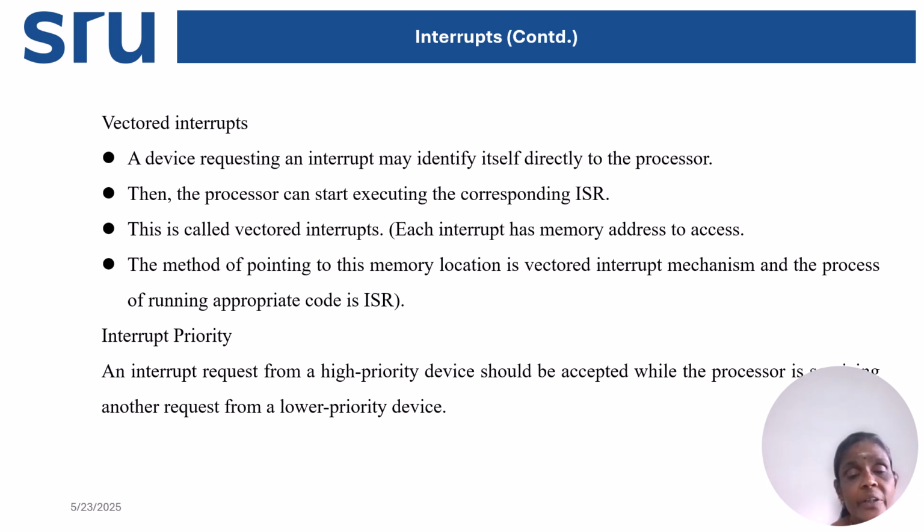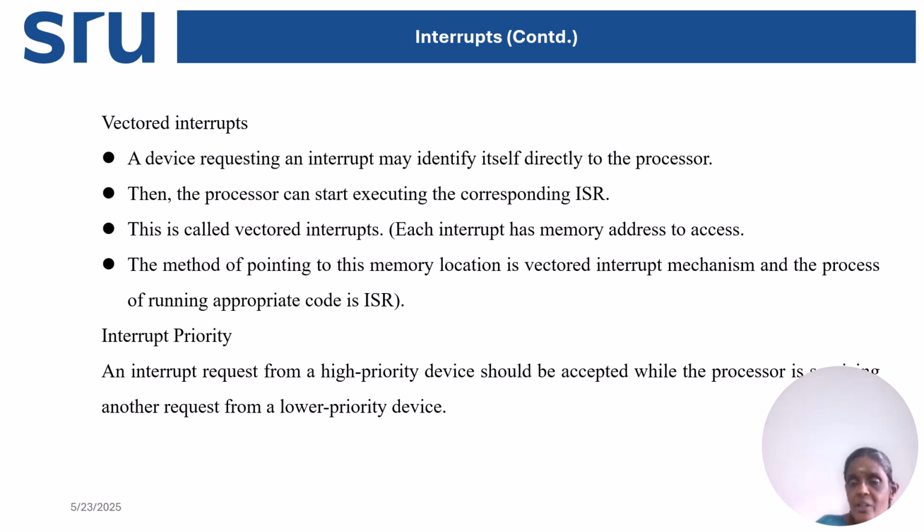And then vectored interrupt. Vectored, we already know, means it has to go to some other place, a branch. It is almost equivalent to a branch. A device requesting an interrupt may identify itself directly to the processor.